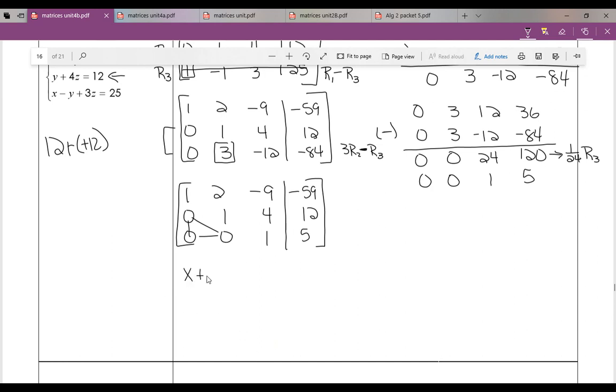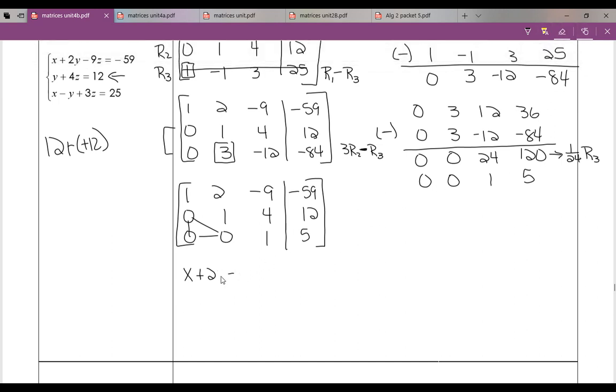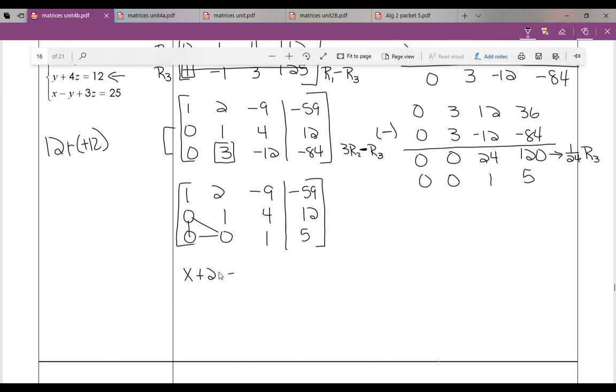This is x plus 2y, sorry, putting the wrong variables in, minus 9z equals negative 59. My second equation is y plus 4z equals 12 because there's a 0 where x should be. And then the last row says that z is 5.